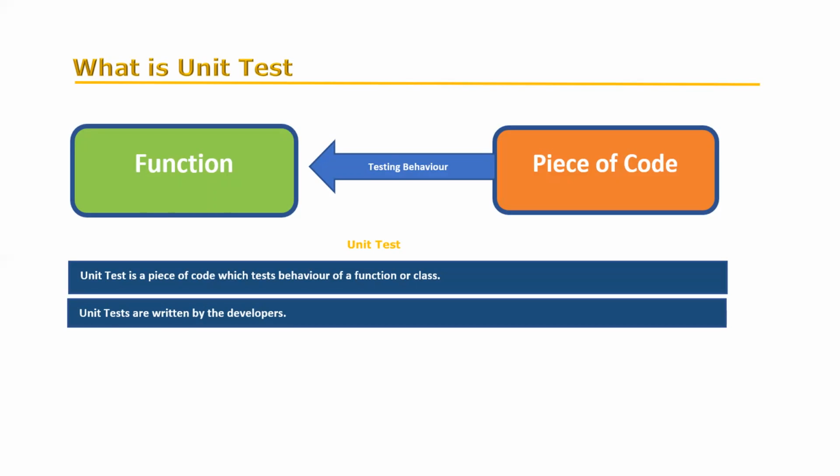Basically, unit tests are written by the developers. Remember, these tests are written by the developer but not by the tester. We are only talking about code level testing. It's not about function level or flow level testing. It's purely concentrating on the development side.